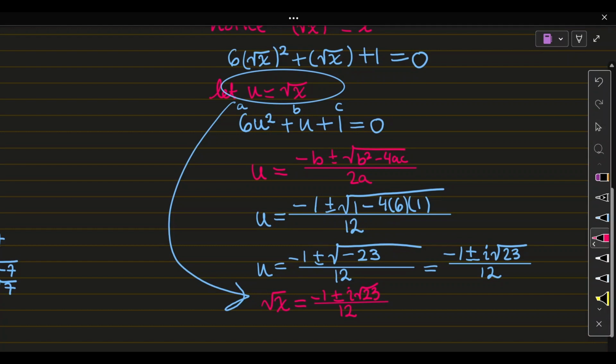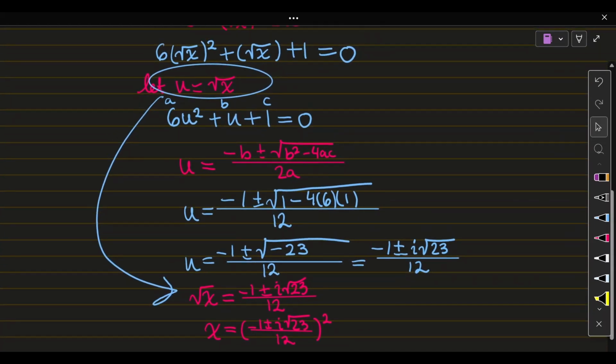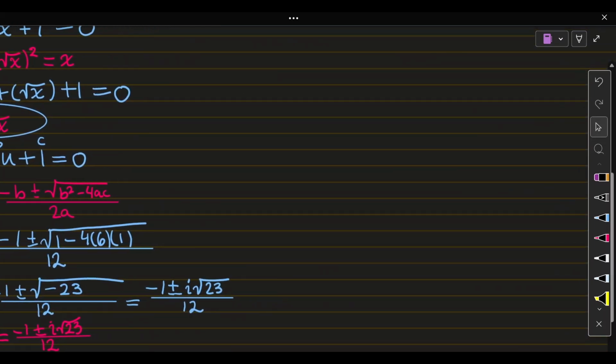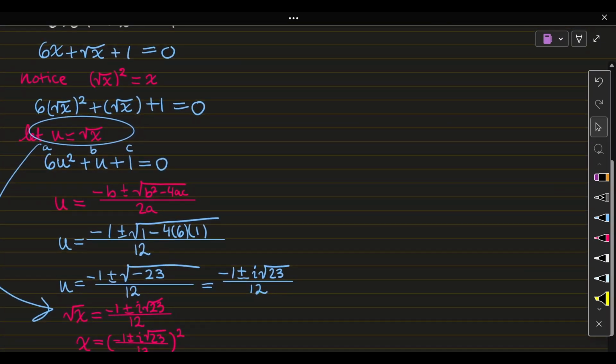And so I get x is equal to negative 1 plus or minus i times the square root of 23 over 12, squared. Okay, so I'm going to go ahead and bring things over here. So we have that, I'll rewrite this, x is equal to negative 1 plus or minus i square root 23 over 12, squared.